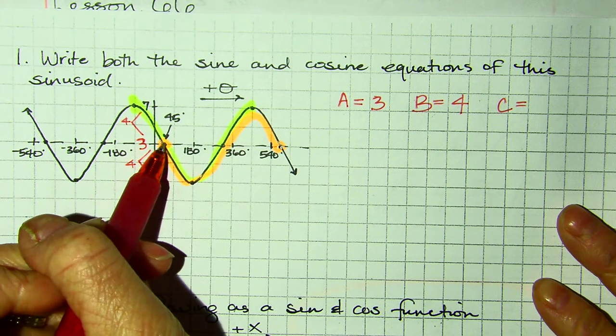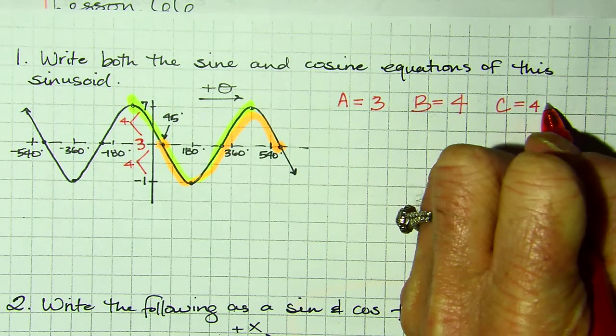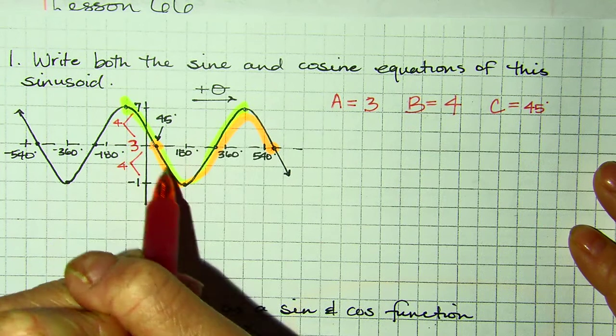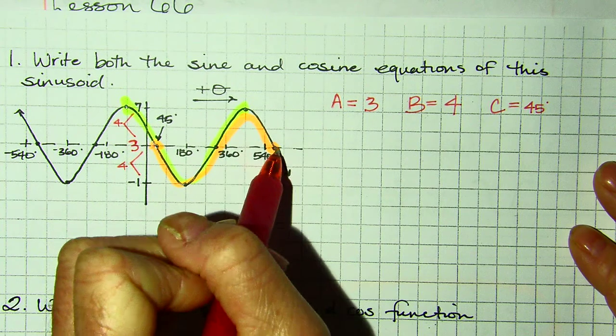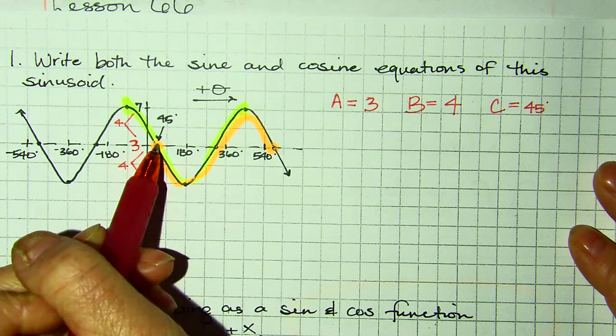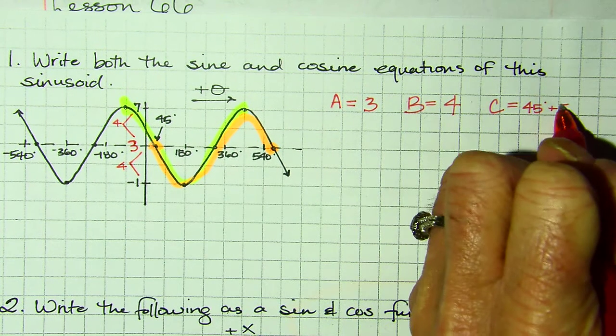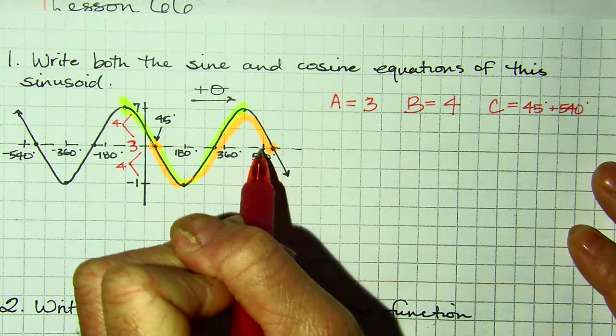So this is at 45 degrees all the way to 540. This looks like every half box.